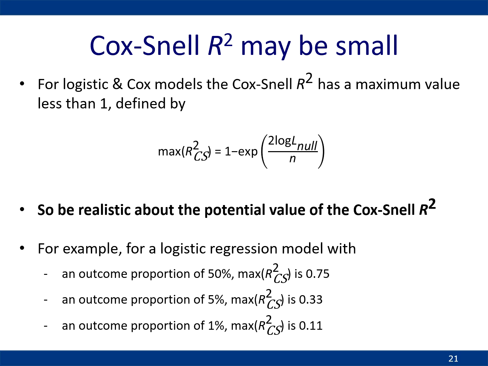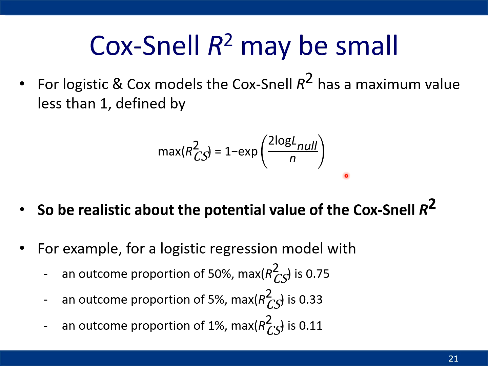So just a note here on the Cox-Snell R-squared. It's important to remember that the anticipated Cox-Snell R-squared for our new model could be quite small. And that's because, as Lucy said this morning, its maximum value is actually less than 1, as calculated by this formula here. So we need to be realistic. If we're going to input a Cox-Snell R-squared into the calculations, it's essentially going to be driven by the outcome proportion.